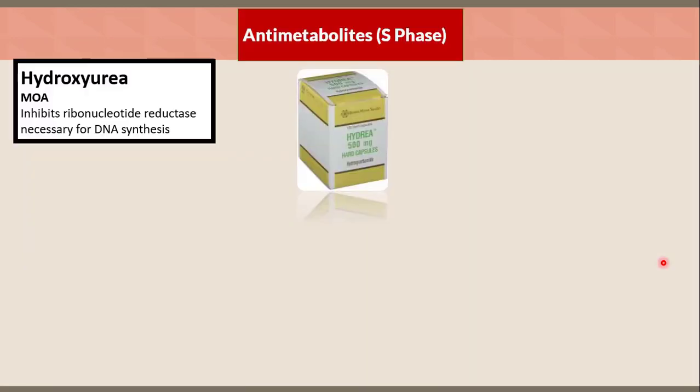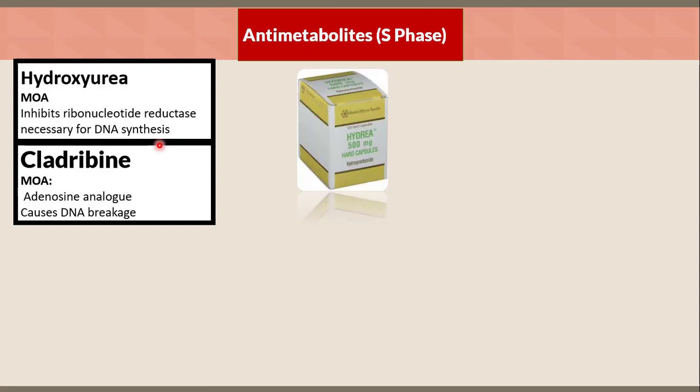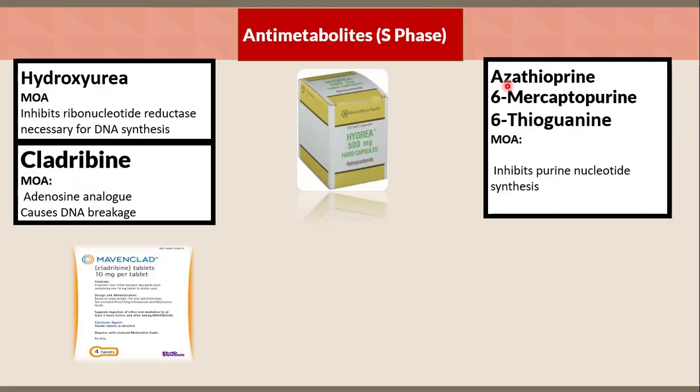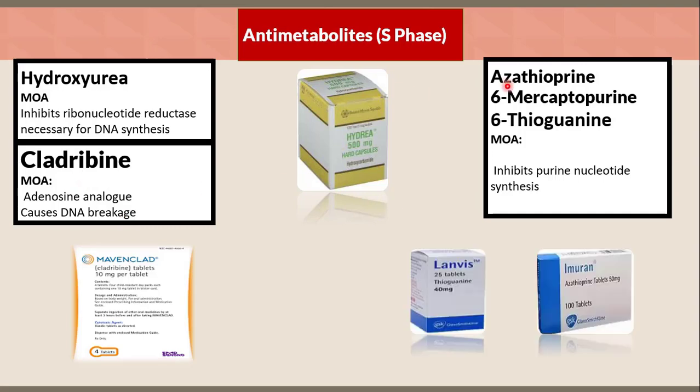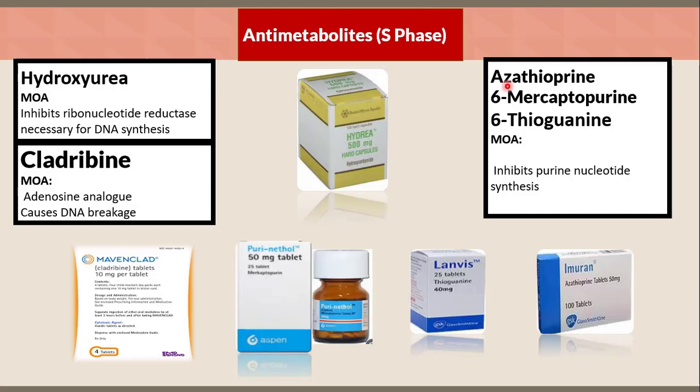Hydroxyurea inhibits ribonucleotide reductase necessary for DNA synthesis. Cladribine, an adenosine analog, causes DNA breakage. Azathioprine, 6-mercaptopurine, 6-thioguanine inhibit purine nucleotide synthesis.